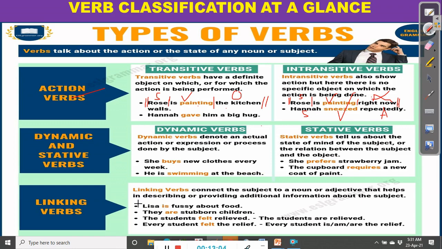Now let's look at this. Lisa is fuzzy about food. Let's analyze this. All right, let's do a sentence analysis. Lisa is the subject here. Then we break this. Is is the verb here. Then fuzzy about food is a different component entirely, and that is the complement.